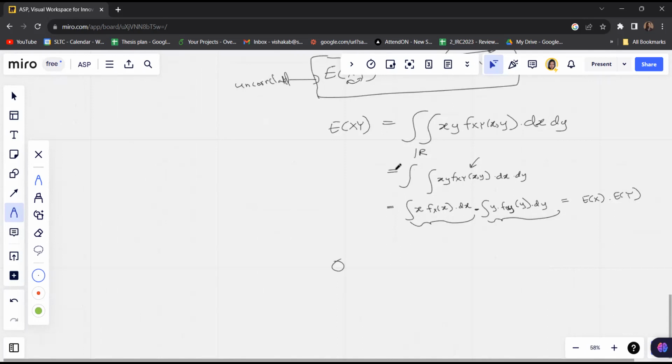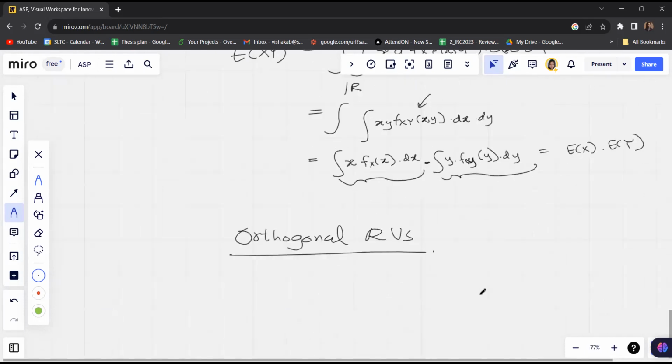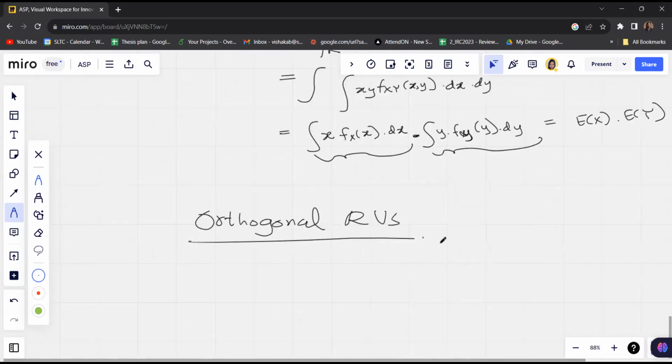As the next type, or another property of random variables, is the orthogonal random variables. So in here, orthogonal random variables are basically random variables which do not depend on the other random variable, right?